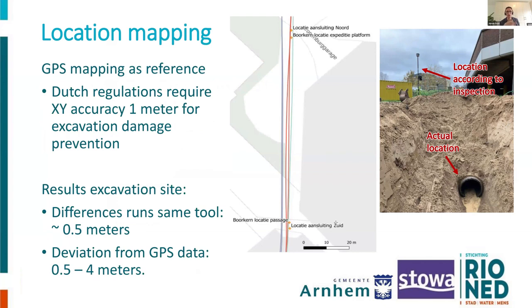The Dutch regulations said that the horizontal accuracy should be about 1 meter to prevent excavation damage. What we see in the results is that if you apply the same method multiple times, the differences are about 0.5 meters. But if you compare it to the GPS data, the deviations are somewhere between 0.5 and 4 meters, which is sometimes more than this 1 meter that we would like, and sometimes it's less.